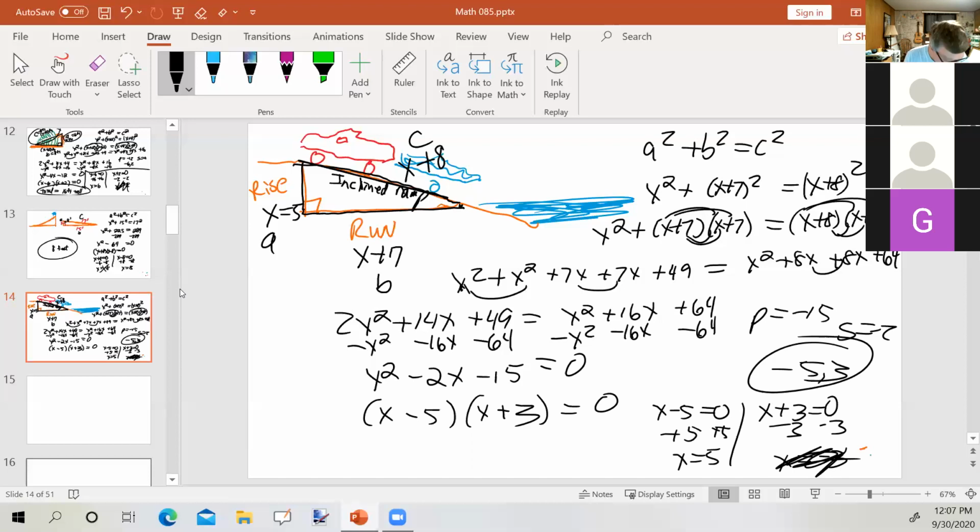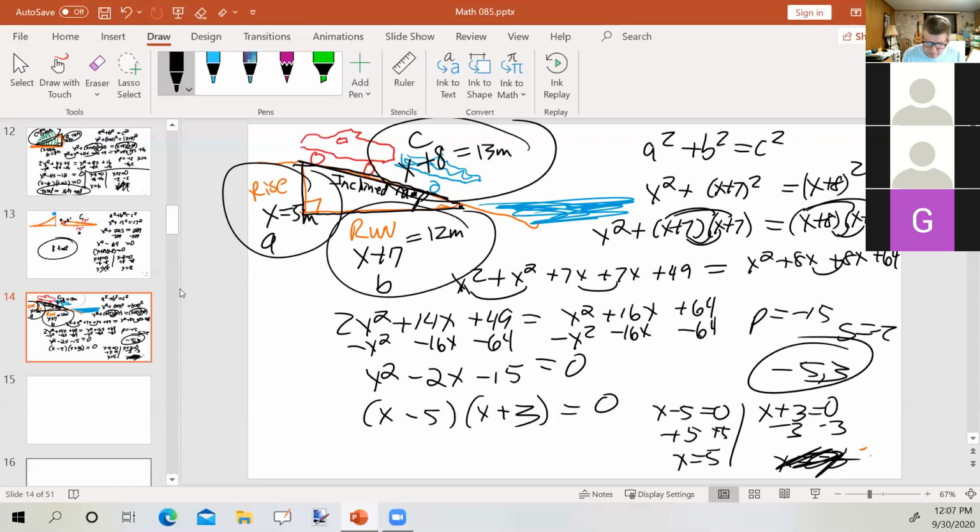Everything was in meters. So the rise is 5 meters, the run is 5 plus 7, which is 12 meters, and the inclined ramp is 5 plus 8, which is 13 meters.